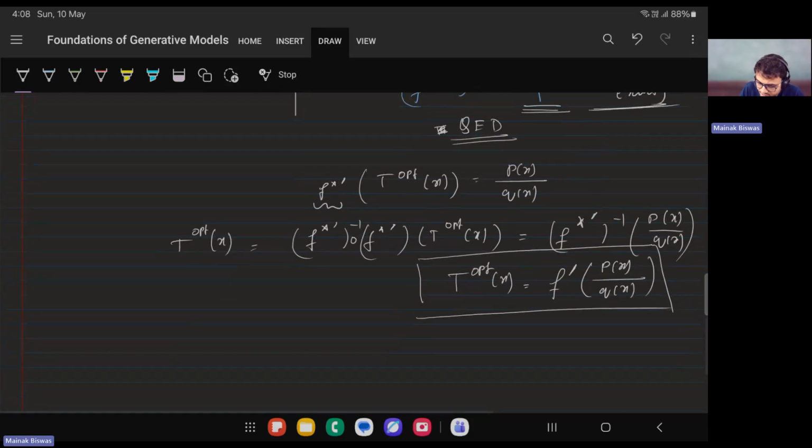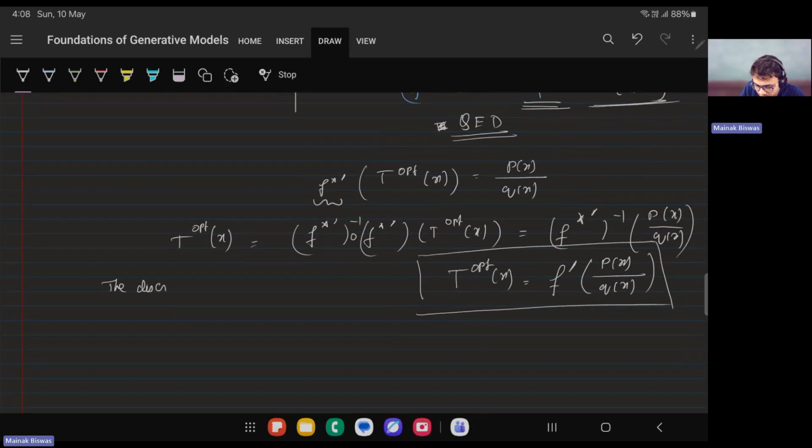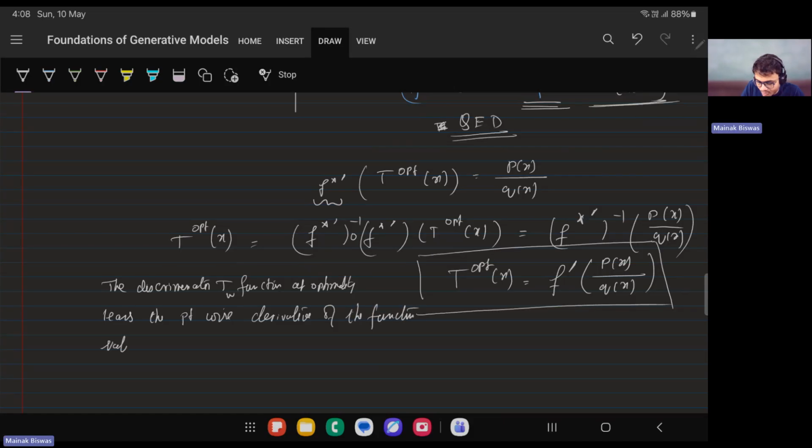So it's a very, very interesting result that the discriminator t function, t w function, at optimality learns the pointwise values of the derivative of the function, pointwise derivative of the function value at the p by q x ratio.